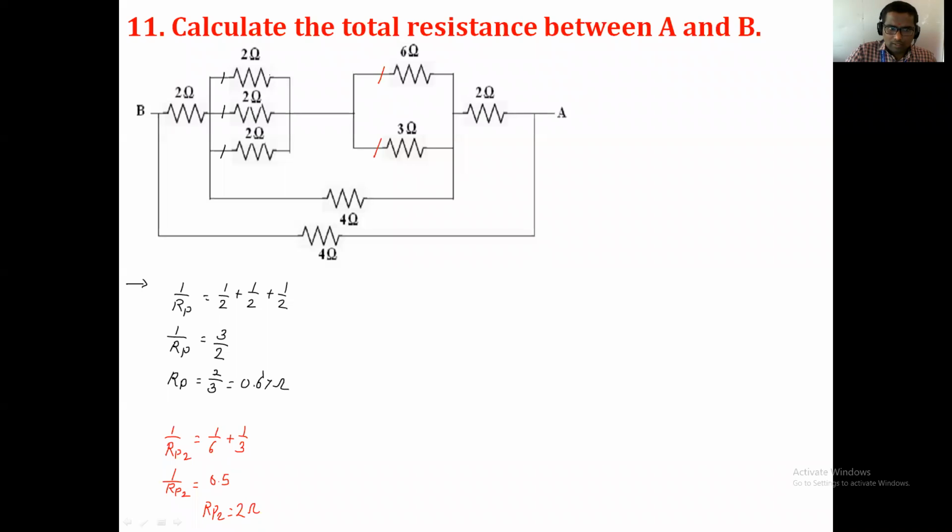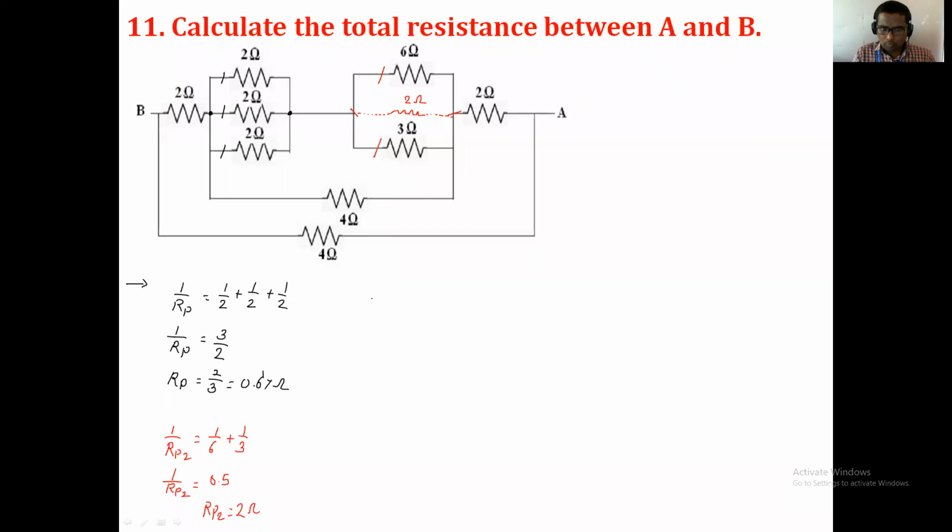Now see that this 6 ohm and this 3 ohm are connected in parallel in between these 2 points. So I can replace this 6 and this 3 in between here, and its resistance is 2 ohm. These two and these two are connected in parallel between the common points here.